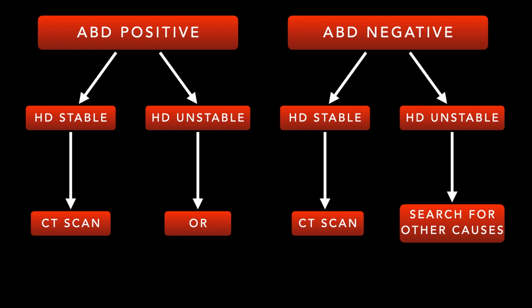And so I should see massive fluid in the belly. So if it's negative, it doesn't rule out all injuries, right? We still have to have a little bit of suspicion, but it tells me I need to move on to a different cavity to look for a significant enough injury to cause the hemodynamic instability. So that's an indication for me that I need to search for other causes. I need to move on to the cardiac FAST. I need to move on to the thoracic FAST.